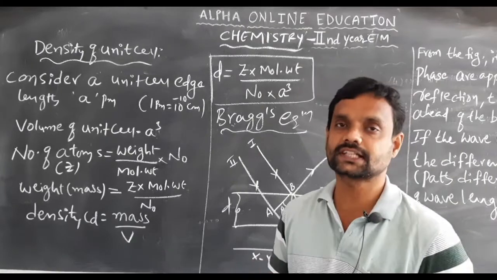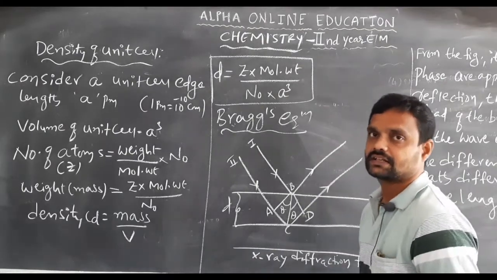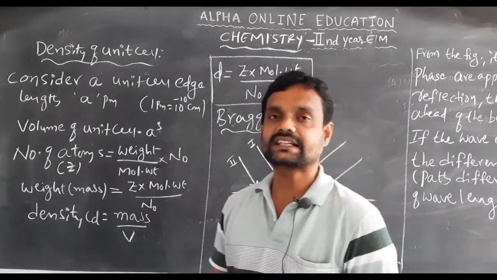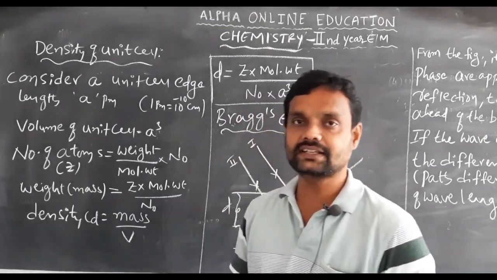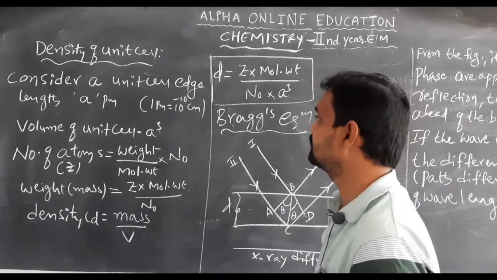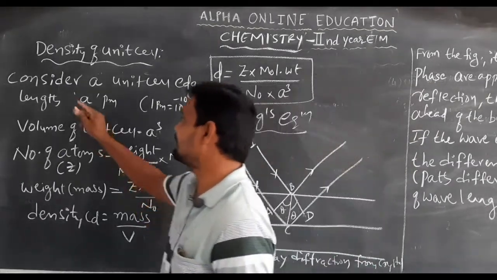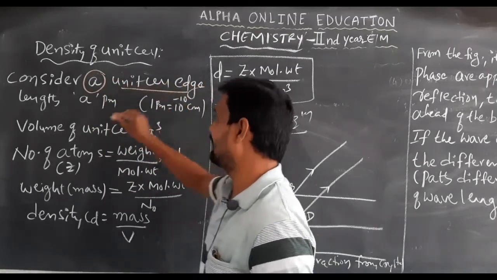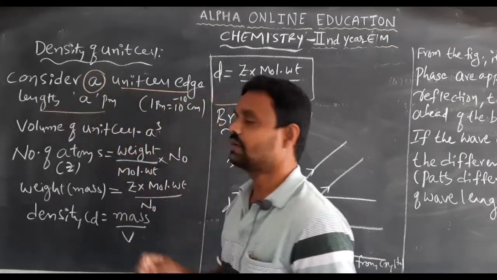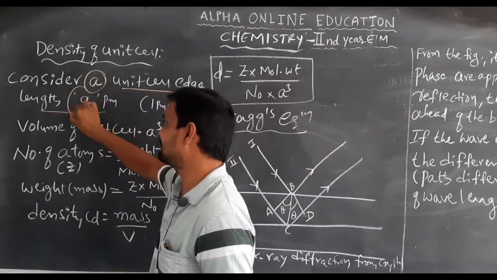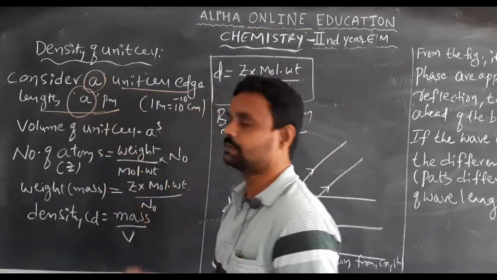How can we find out the density of the unit cell? A simple formula is available to calculate the density of any unit cell. For example, consider a unit cell with edge length a picometers.